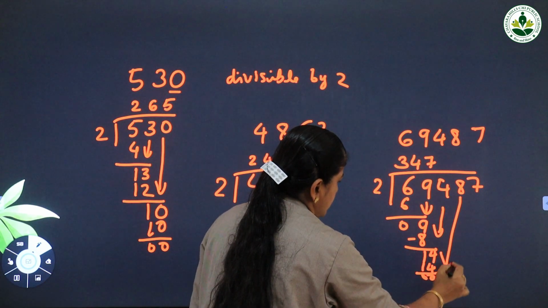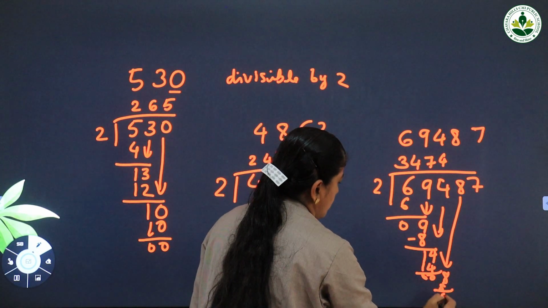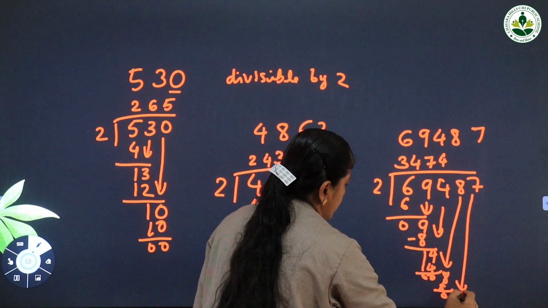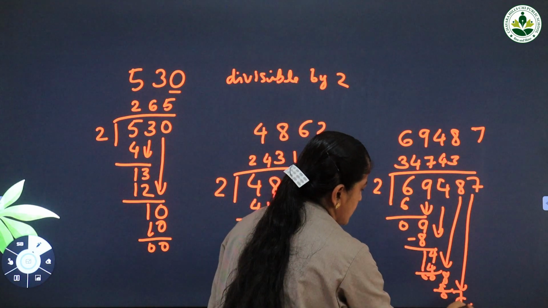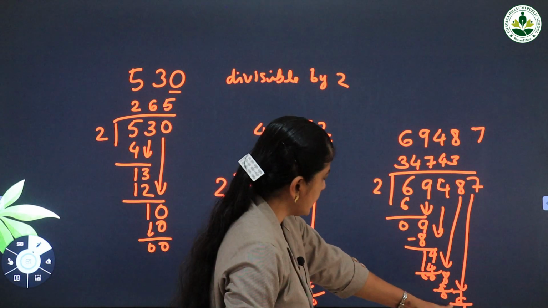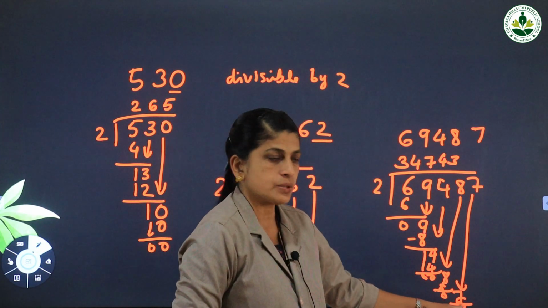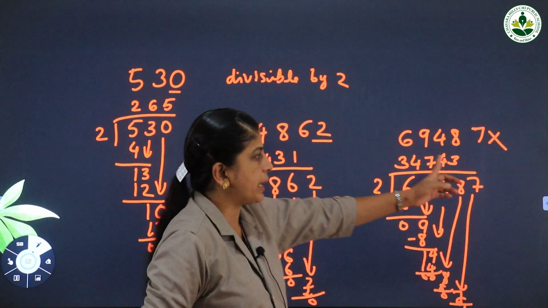Then bring down 8. 4 2's are 8. 0. Then bring down 7. In 7, 2 3's are 6 and the remainder is 1. Okay, therefore, we are getting the remainder as 1. Therefore, this is not divisible by 2.